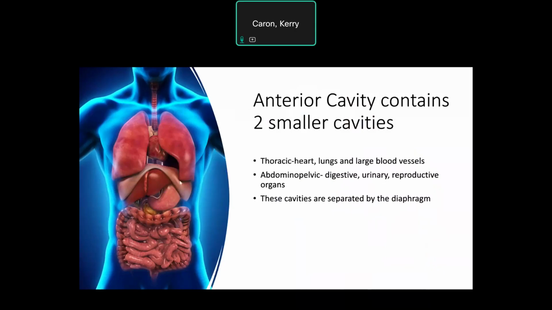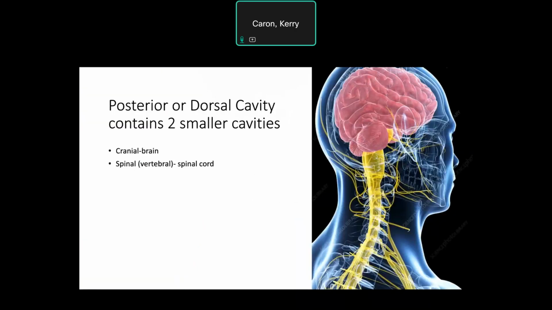And you can tell the separation of the two cavities by the diaphragm. The diaphragm right here separates those two cavities. Your posterior or dorsal cavity contains two smaller. So it's got the cranial cavity or the brain and the spinal or vertebral cavity containing the spinal cord.